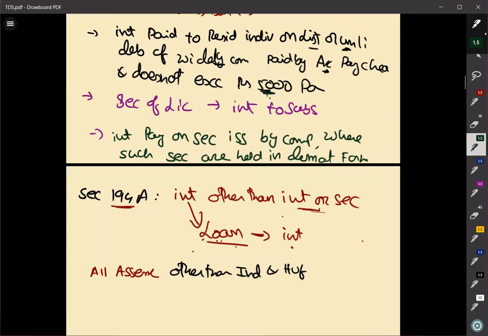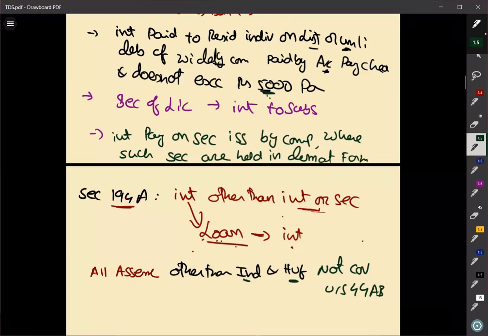But it is applicable to individual and HUF if they are covered under tax audit, that is section 44AB. If the individual and HUF are not covered under tax audit, then this section is not applicable to them. Generally, 194A does not apply to an individual or HUF.